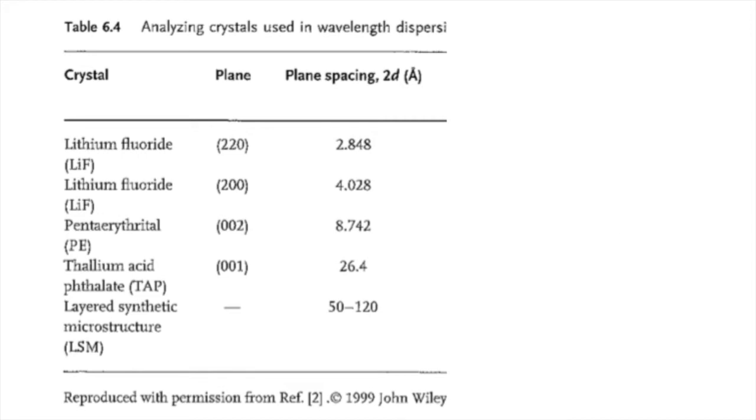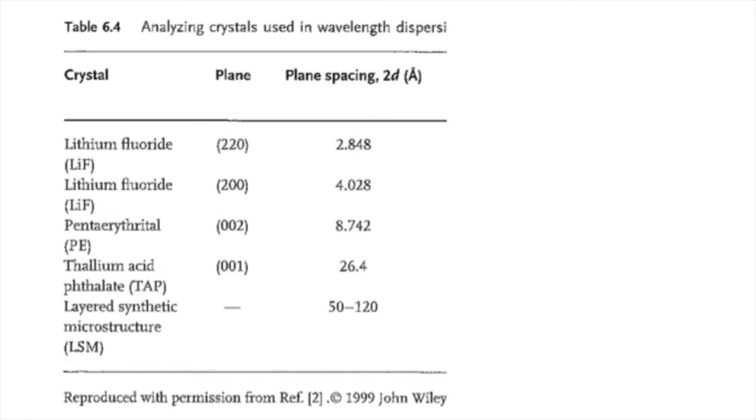To ask a question at this point, you can pause your video after this. Based on these numbers that we have, these are our plane spacings, which is 2d. What do these relative plane spacings tell us?